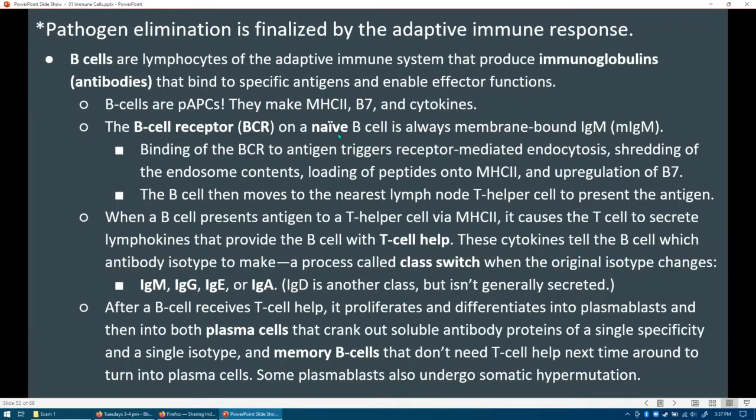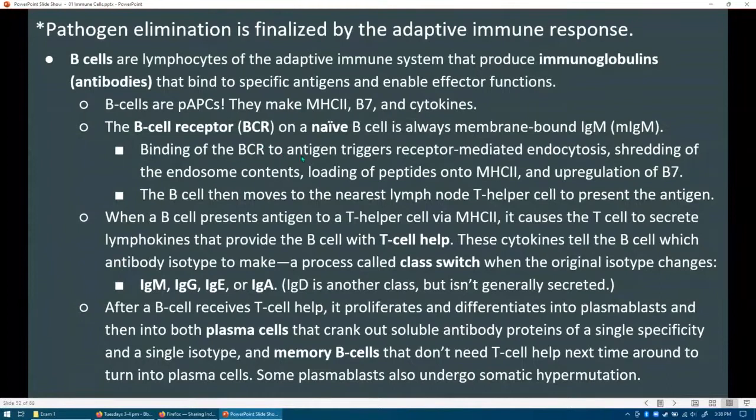The B cell receptor on a naive B cell, that is a B cell that has never encountered antigen before and is just waiting to encounter its antigen, is IgM. It is always IgM, a membrane-bound molecule of IgM.